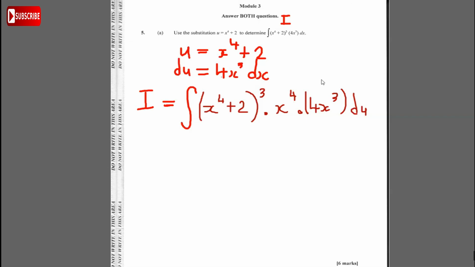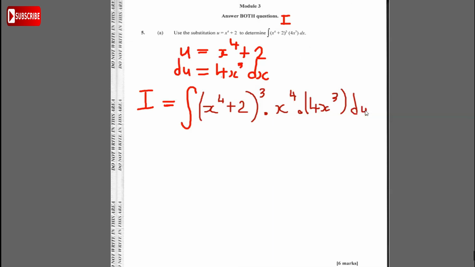All right, now once you get to this stage, you're good, because you see right here, 4x cubed times x to the 4. 4 plus 3 is 7, so this is still 4x to the 7.